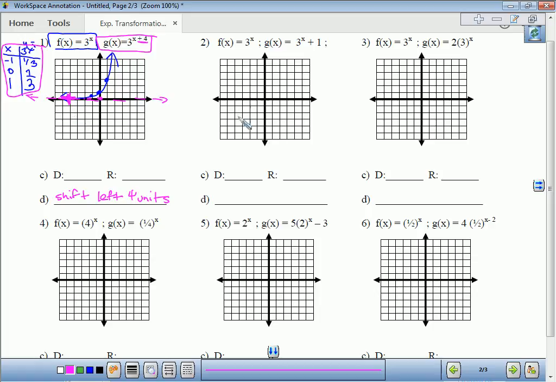Nothing else changes except where I started. So all these moves stay the same, but they start from right here. So I go left 1 up a third, 0, 1, right 1 up 3. So it takes that whole function and just shifts it right over here. And we're done.